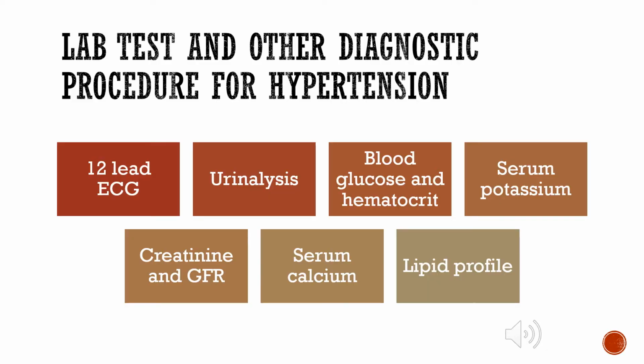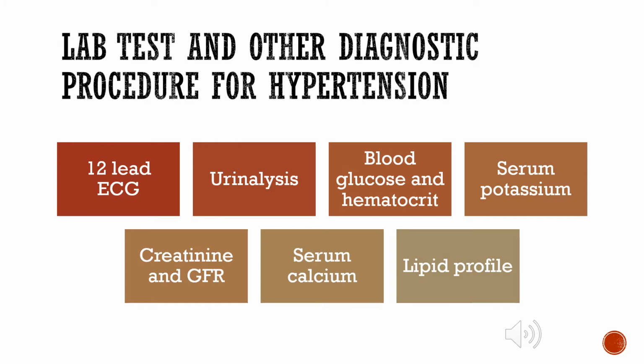Because hypertension is not a standalone disease, there are many other diseases that are usually underlying hypertension. So the diagnostic for this disease includes many different labs that are taken, which include 12 lead ECGs that assess the heart to make sure that the heart is functioning properly, to make sure that the patient doesn't have left heart failure.